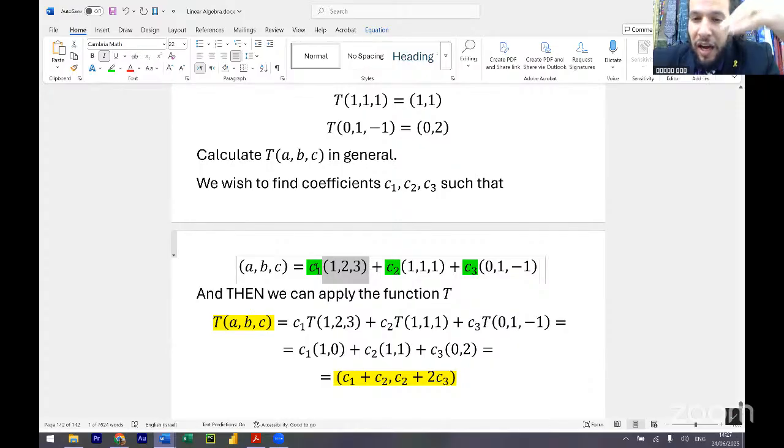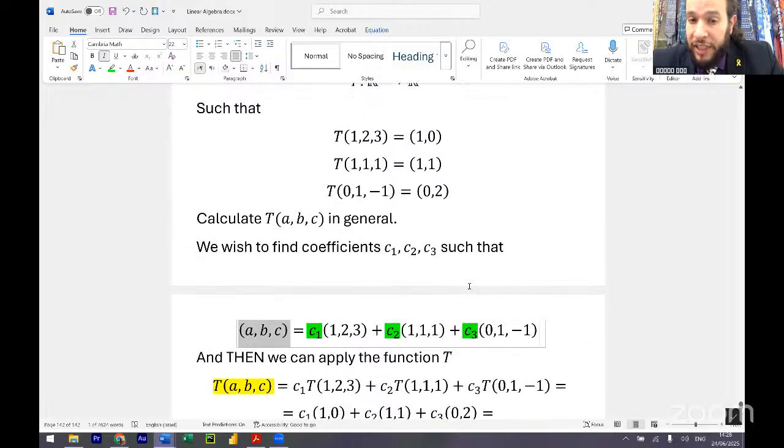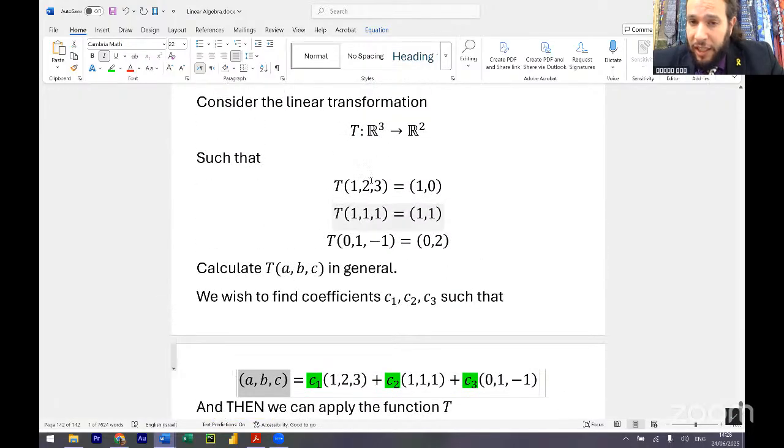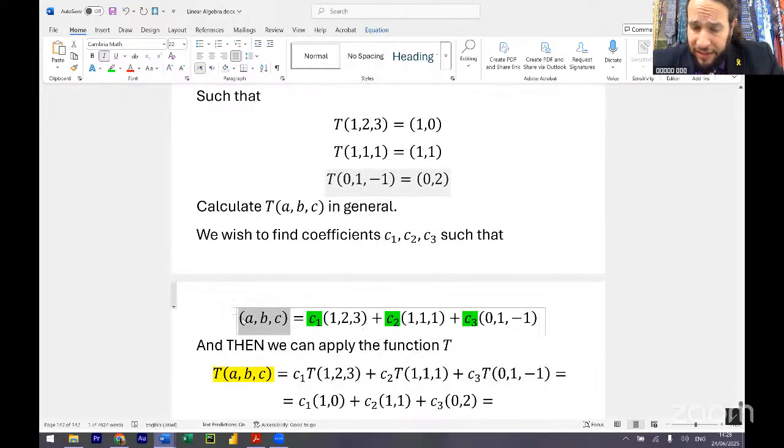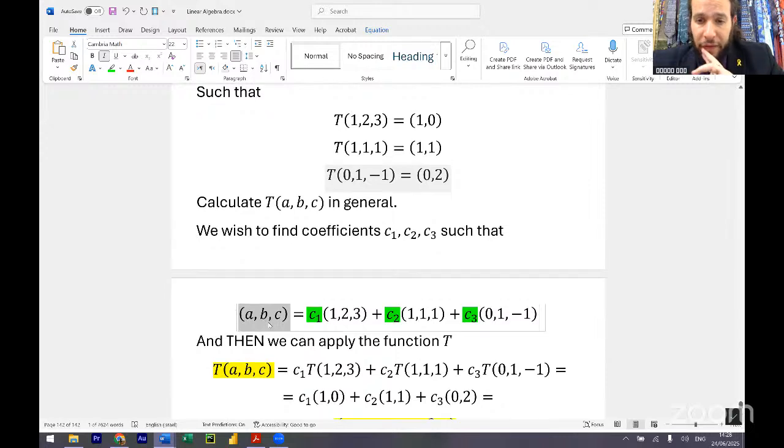So these say what distance should we go on each axis in order to get to the specific vector ABC. So C1, C2, and C3 will be called coordinates of the vector. And when you take different bases, you will get different coordinates for the same vector.